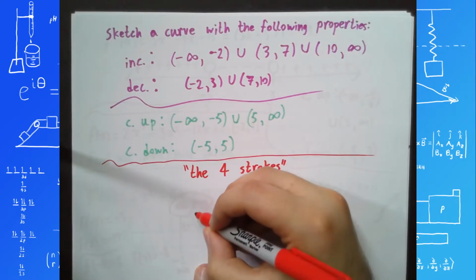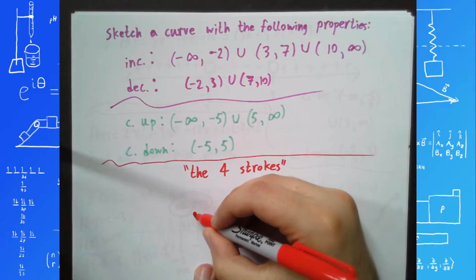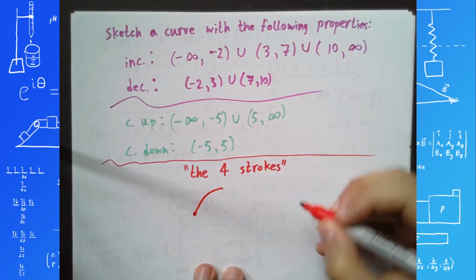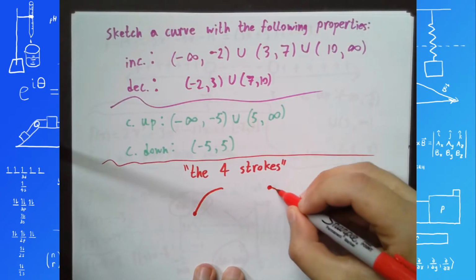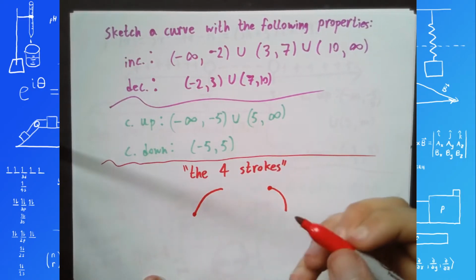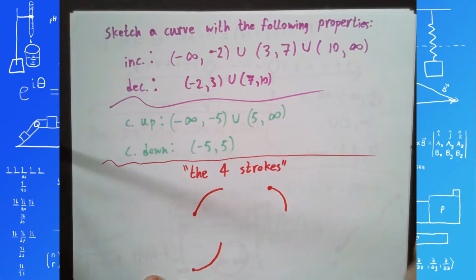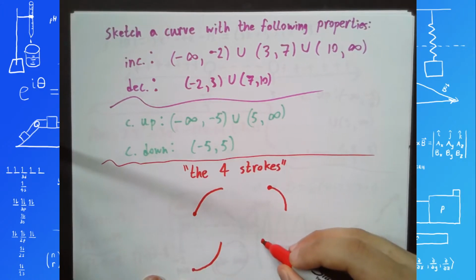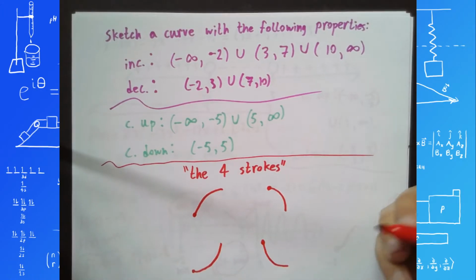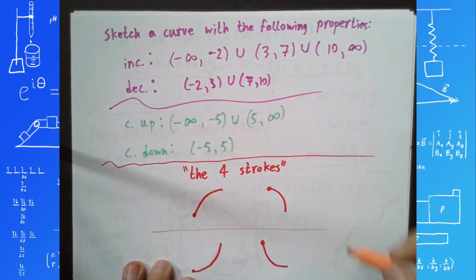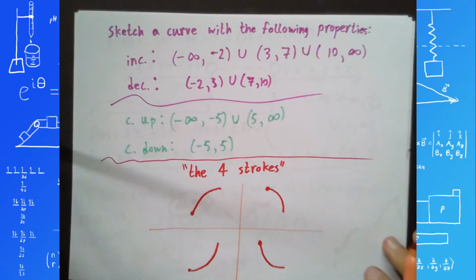So the four strokes look like this. Make sure you know these four different curve shapes. Knowing these four is the key to solving problems like this.